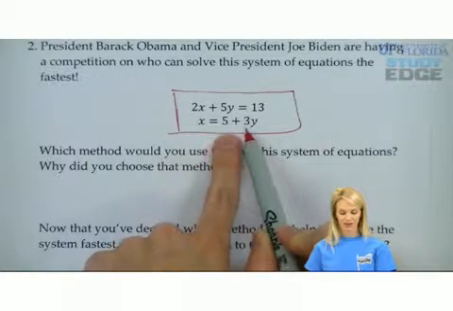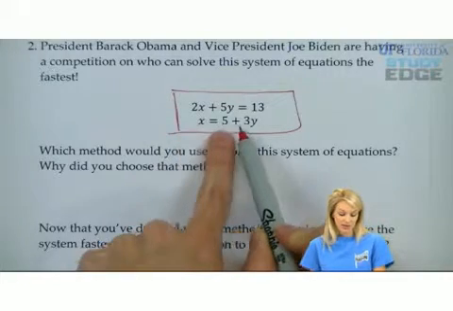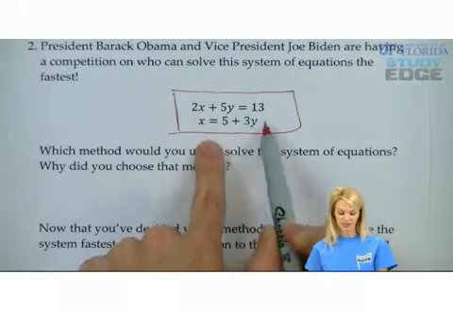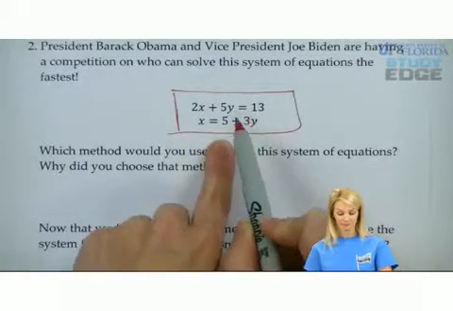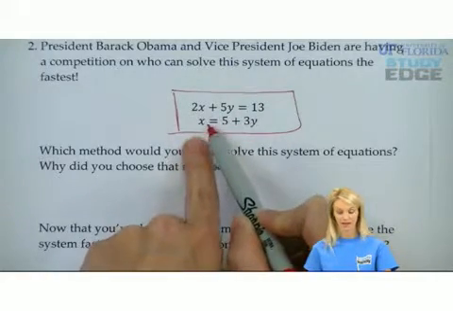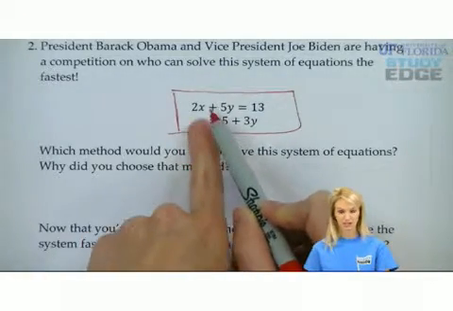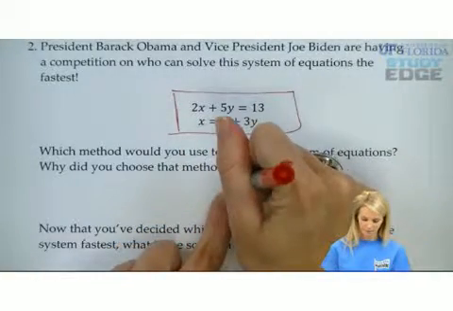I can use this 5 plus 3y as a value of x and plug it in. If I'm plugging in a value of x into an equation, I'm just substituting it in. What method is this? Substitution.